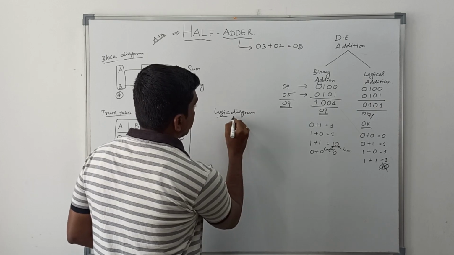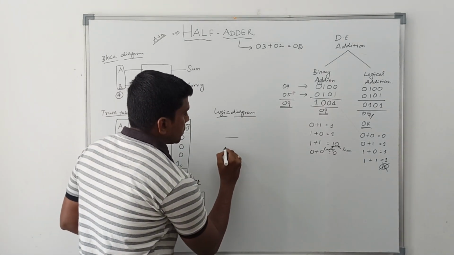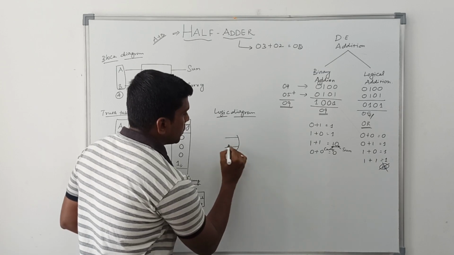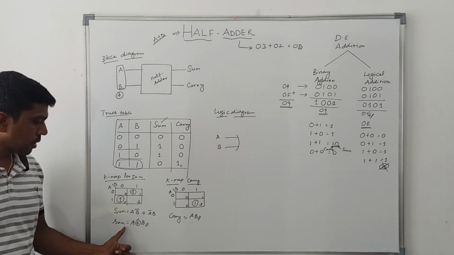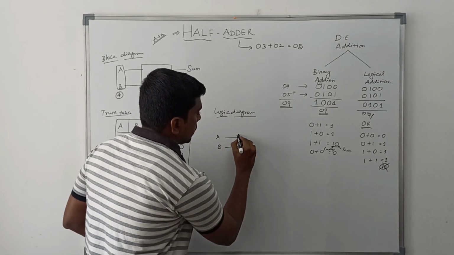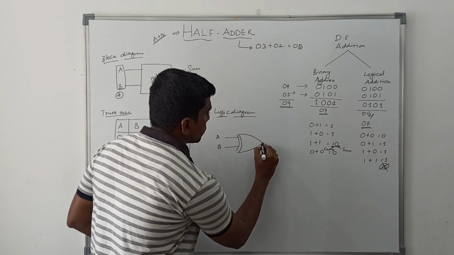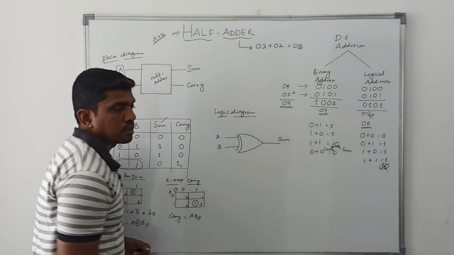Now I draw the logic diagram for the half adder circuit. Two inputs, A and B. First I draw the logic structure for sum: A XOR B. I use one XOR gate. Here I get the result, sum.